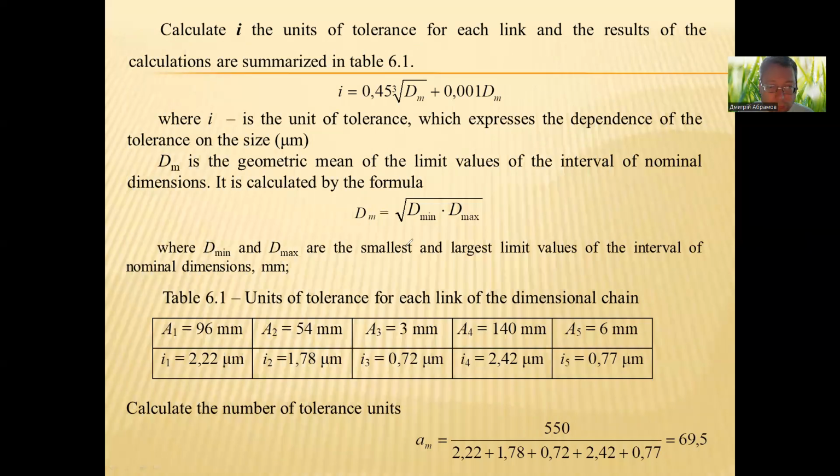We can find these parameters, d minimum and d maximum, for each link. For example, A suffix 1 is equal to 96 millimeters.